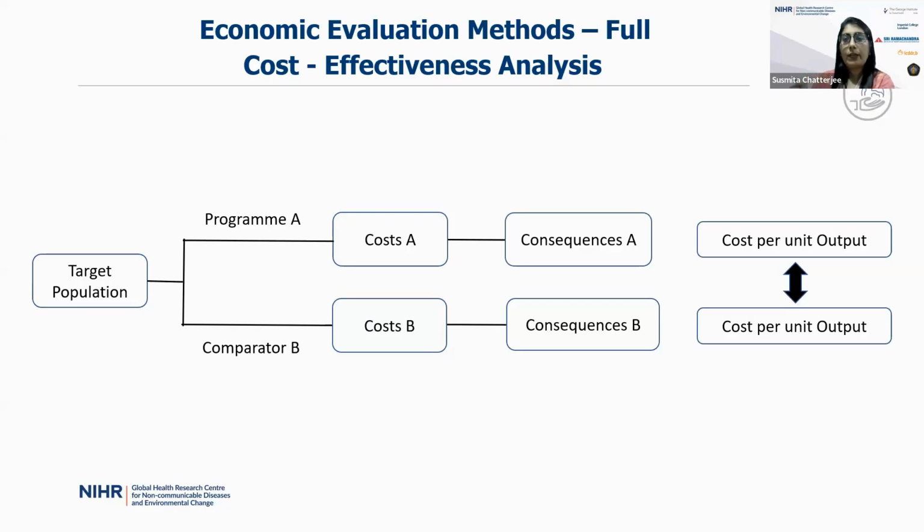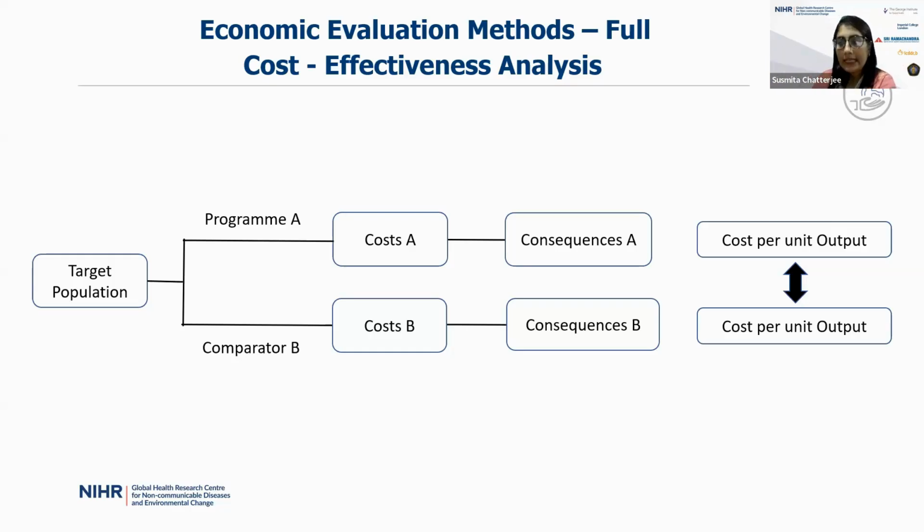Cost is one component. The separate component is the consequence. These two things are different. One is, when I do the vaccination, the government is spending money. That's the cost. What I mean is that there is a cost associated with any program, but the consequence is what the program is giving me. What is it intended to do?